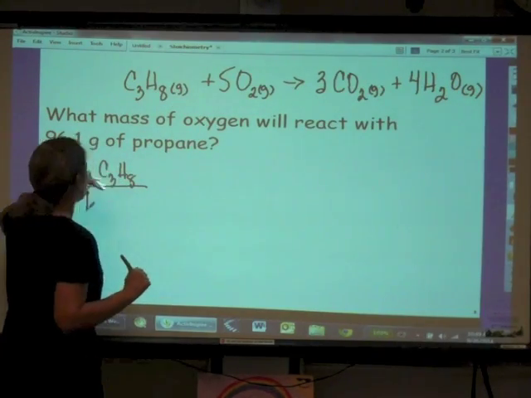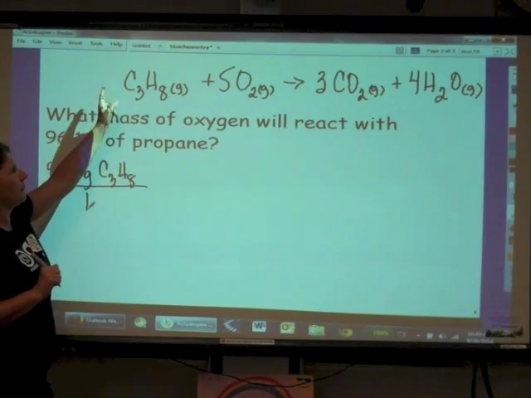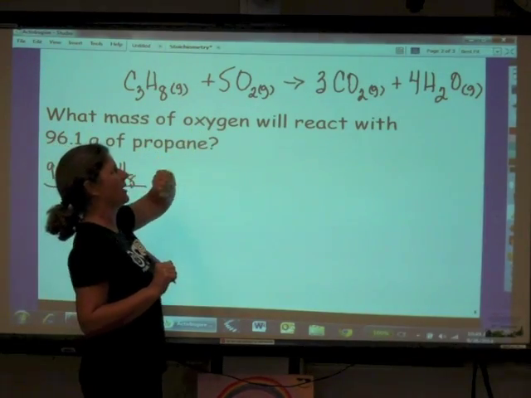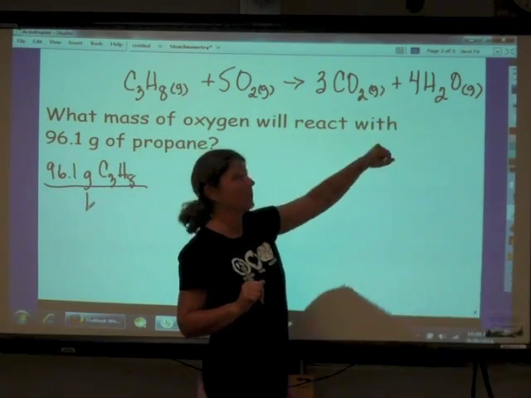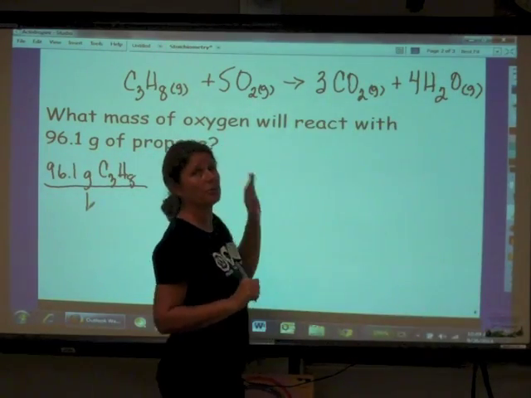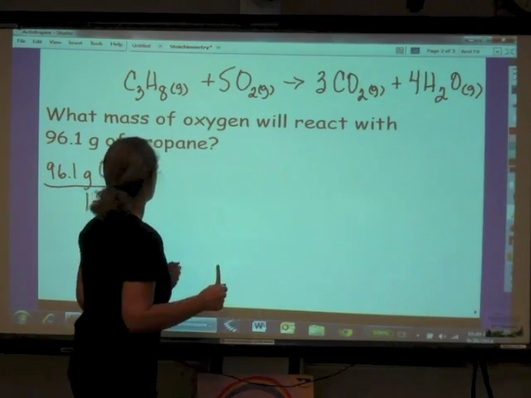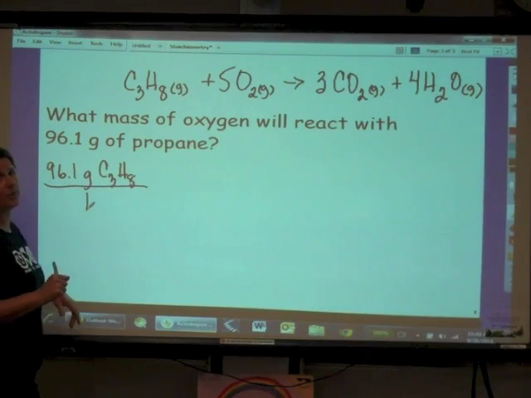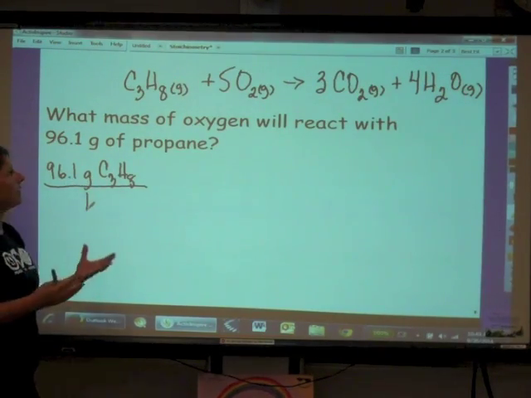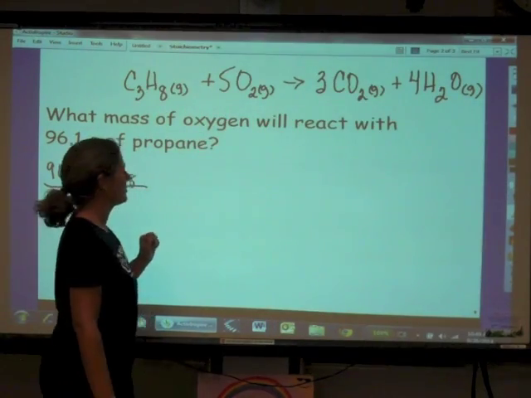And so this isn't 1 gram of propane reacting with 5 grams of oxygen, giving us 3 grams of carbon dioxide and 4 grams of water. That's not what those numbers represent. They represent numbers of pieces of these things. And so our first step here is to convert grams to moles, because then we can relate one thing to another in the balanced equation.